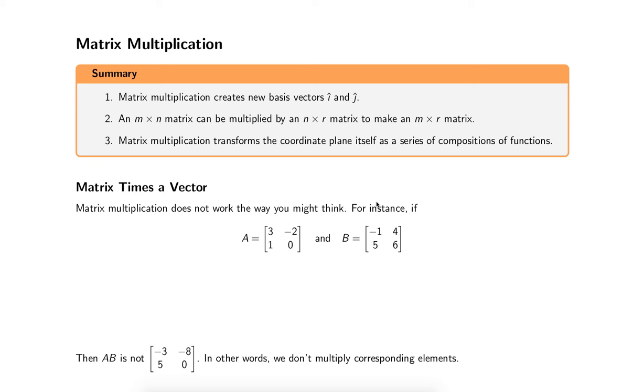So if you think of your coordinate plane and a grid in graph paper, you have the square grid that you can use to plot points. Well, if you multiply by a matrix, it's going to transform that grid into something else. Maybe it'll rotate it, maybe it might flip it and reflect it across a line, stretch it out, compress it, a whole bunch of different transformations we can do.